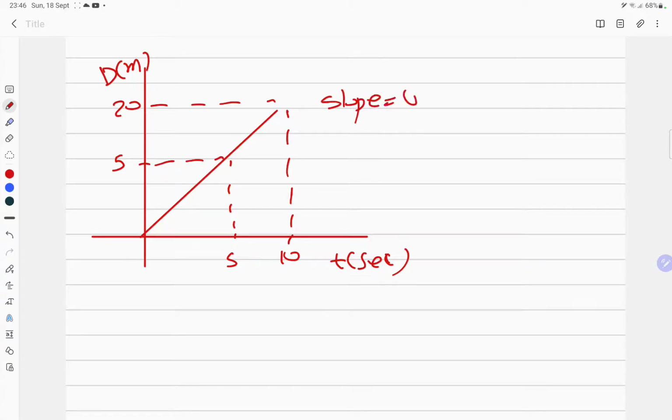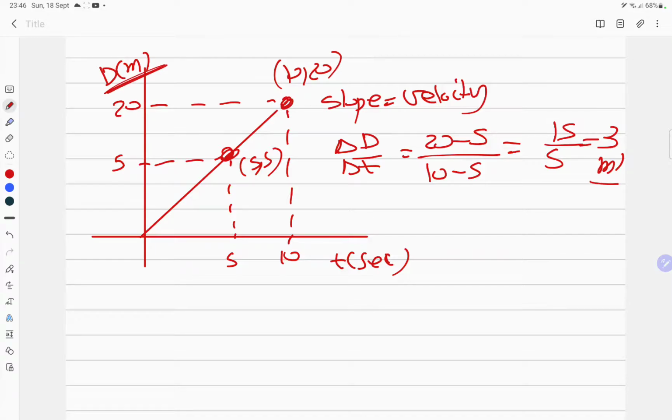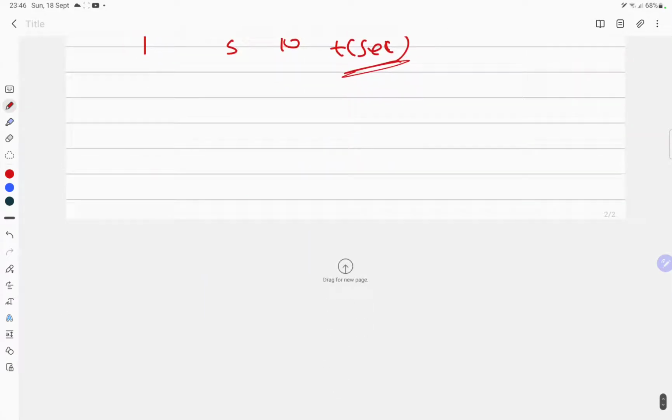The slope is velocity. And what's its value? It's delta d over delta t. Those are the points. This point is 5 and 5, and this is the other point, which is 10 and 20. So that's going to be 20 minus 5 over 10 minus 5, which is equal to 15 over 5. And that's equal to 3 meter per second. This is velocity. Why? Because this is a displacement time graph.